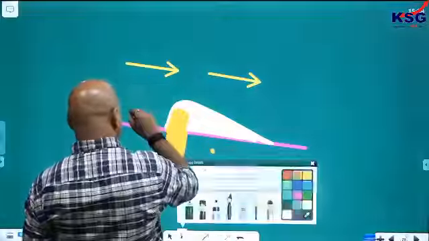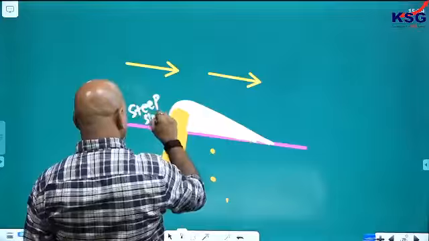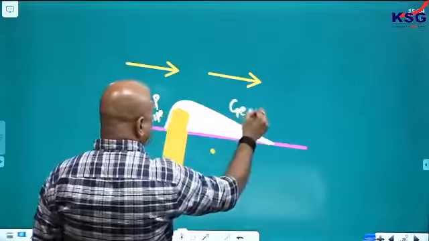Front side you have the steep slope, and here you have the gentler slope.